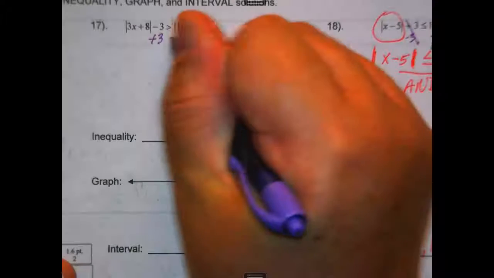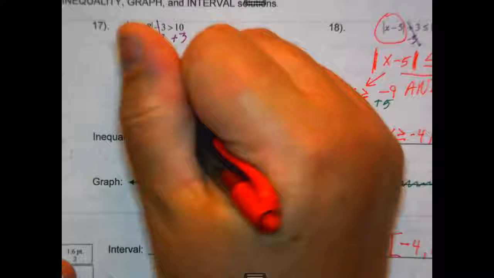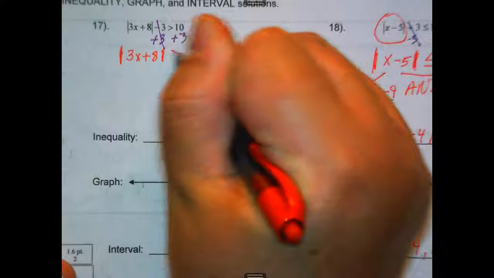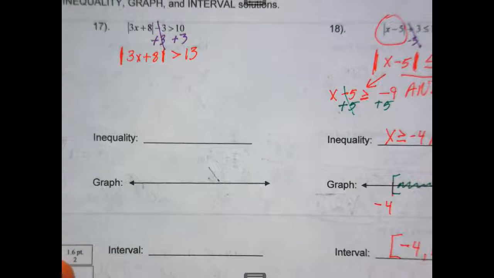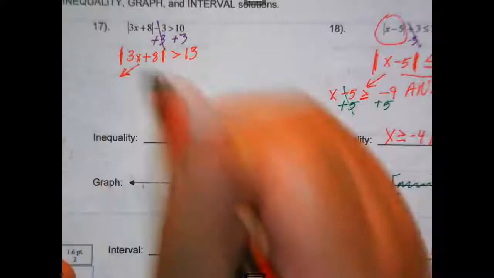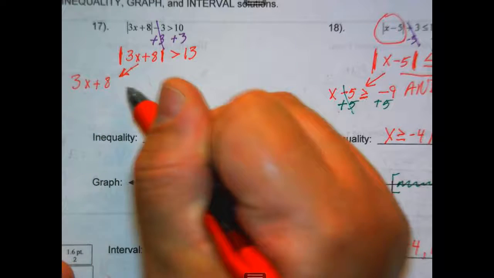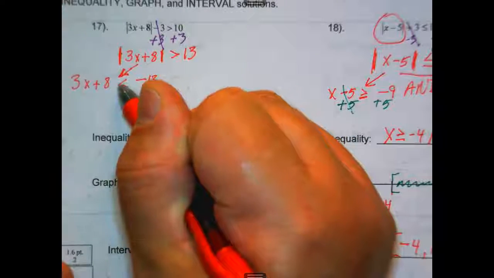Add 3 to both sides. Get the absolute value of 3x plus 8 is greater than 13. Do I have an and or an or problem? It's an or. Okay, 3x plus 8, negative 13. So it means I have to flip the sign.